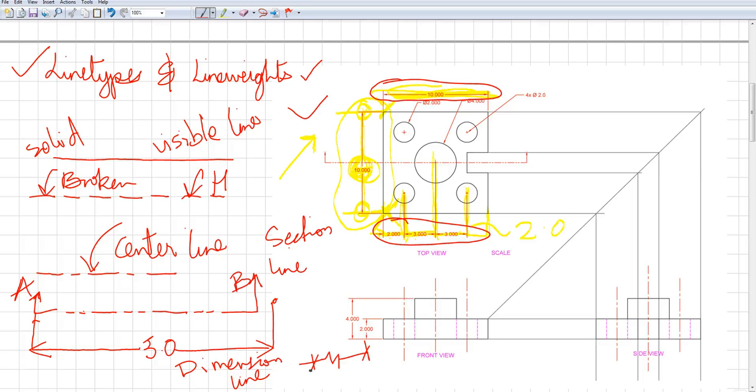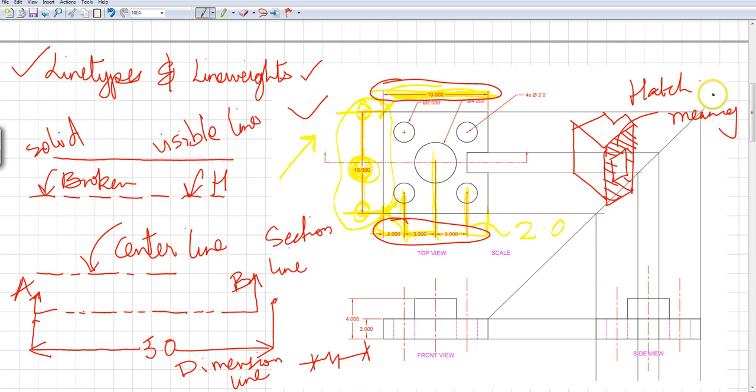But then the next one would be a hatch line. For example, if I have an object that I cut out, I could go ahead and hatch it with some straight lines, and the hatch means a cut out object.